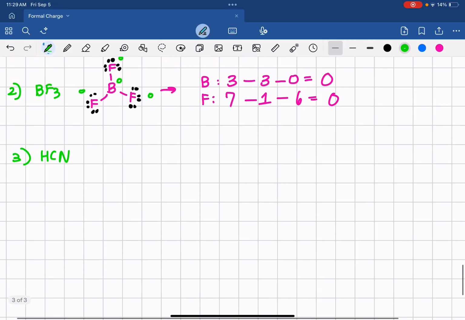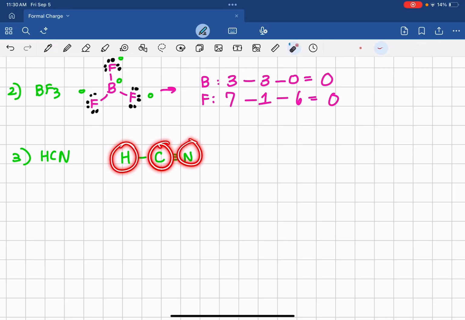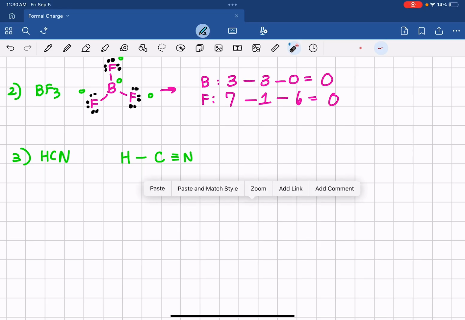Let's go ahead and do the last one. H is connected to carbon, with a triple bond to nitrogen. Let's double check and make sure that each one of these atoms has a complete octet. Carbon, 1, 2, 3, 4, 5, 6, 7, 8. It's perfect. It has a complete octet. Nitrogen, 1, 2, 3, 4, 5, 6.